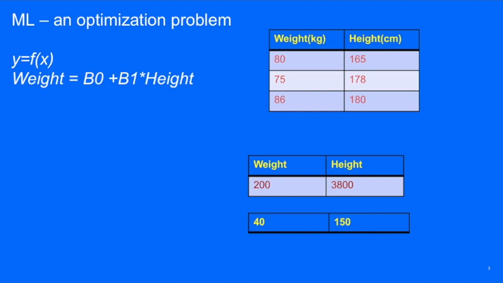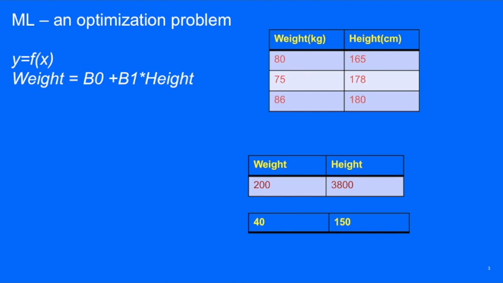In this case, it is 200 weight and height 3800, and we found that it is not yielding the result we were looking for. So basically, this is how, as a human, we try to define the coefficients b0 and b1: by taking a random value and then optimizing it to a value which is very close to the target y, which is equal to f of x.